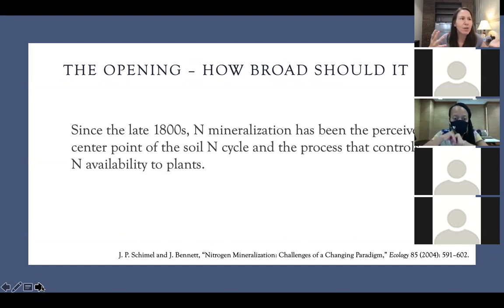So this sounds like a very broad opening for a paper. What would somebody expect this paper to be about? Well, we know it's about nitrogen mineralization, which is going to be the center point for the soil nitrogen cycle. But what's going to be the approach here?